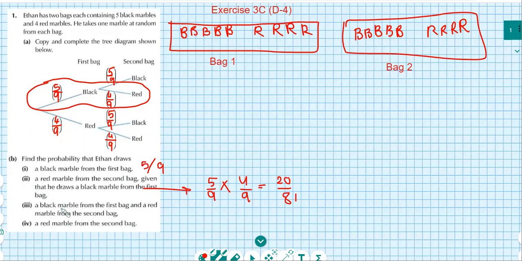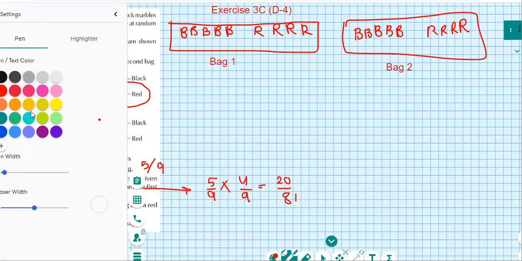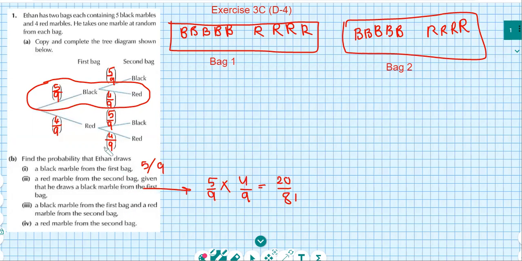Third part, a black marble from the first bag and a red marble from the second bag. Black and red.